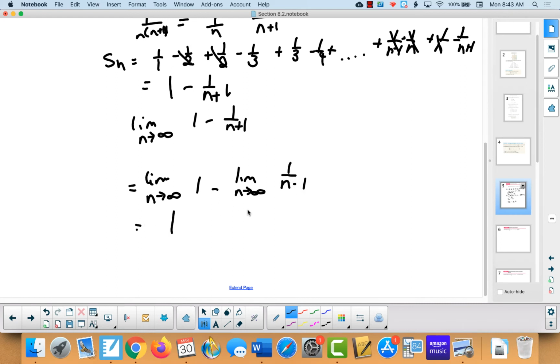So this is just 1. This is going to be 0, because as this number gets bigger and bigger, we divide 1 by that huge number, and we get closer and closer to 0. And so we've shown that that infinite series is equal to 1.